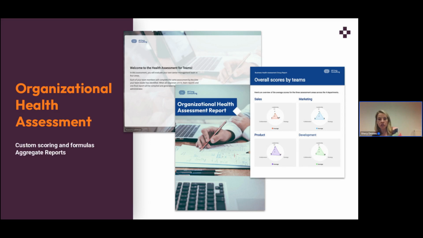Now, when we look at actually building one of these group reports in Pointerpro, one example could be an organizational health assessment, really to check on the pulse of that organization. The features that are utilized in Pointerpro include the custom scoring and formulas feature, as well as the aggregate reports feature.